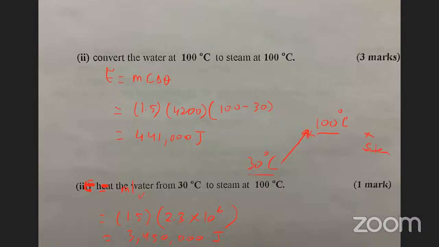So part one, we went from here, and then part two, we went from water to steam. So we basically did this question in two parts. So the final answer here will be 441,000 plus 3.45 by 10 to the 6. So when you add that, I have 3.891 by 10 to the 6. Anybody got that?